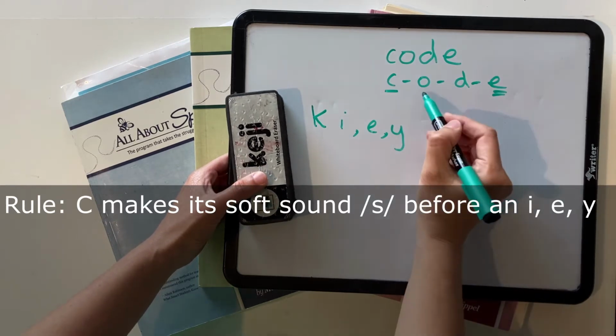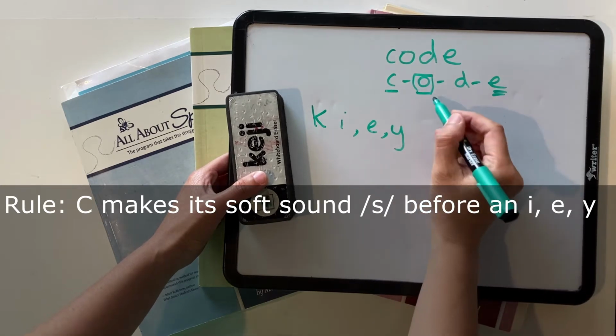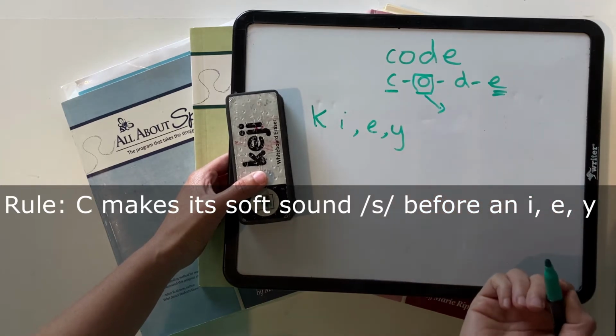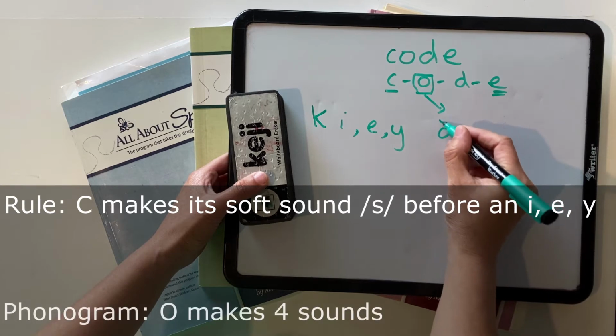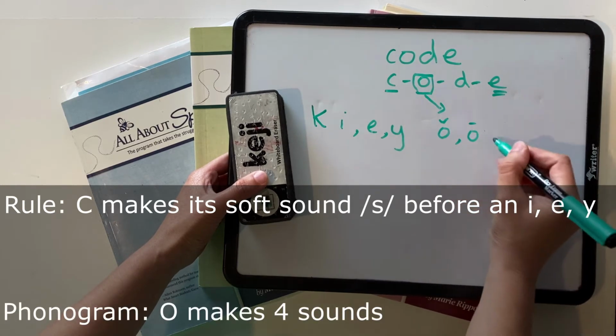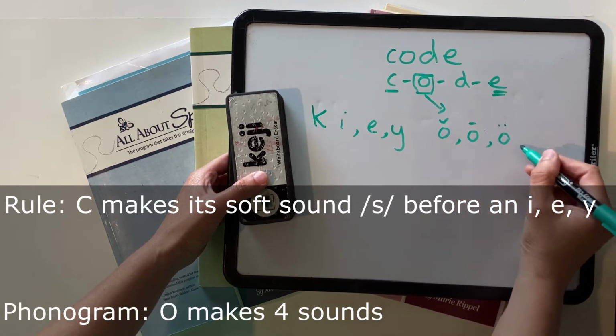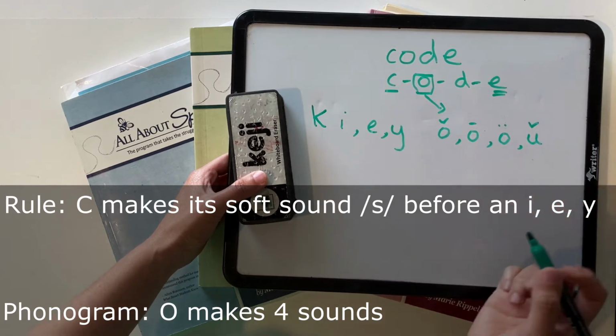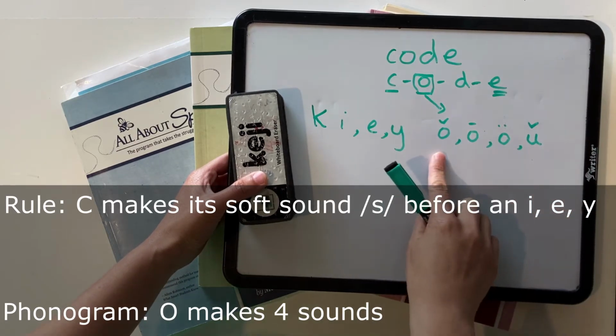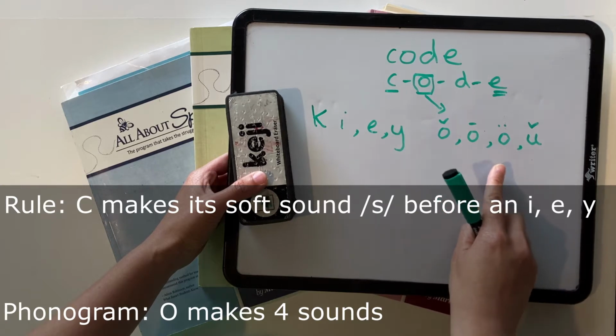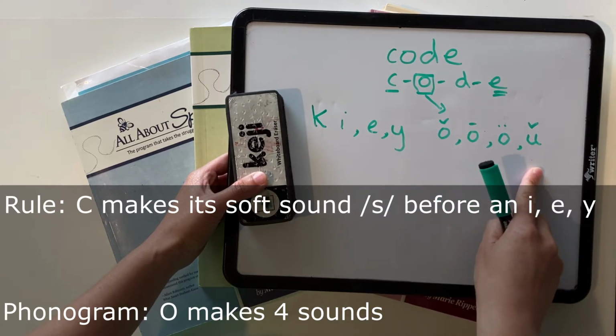When you learn the phonogram for the letter O, you learn that it makes 4 sounds. O, O, U, A, as in octopus, open, to, and oven.